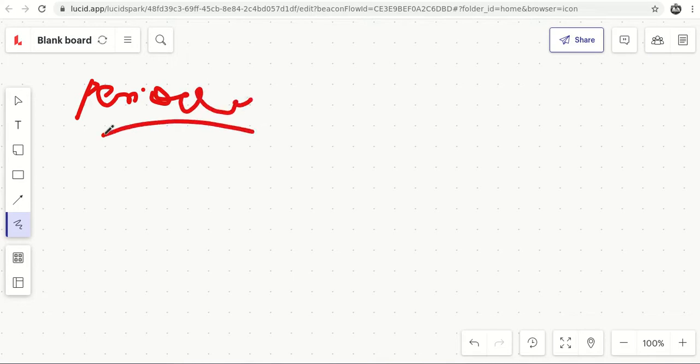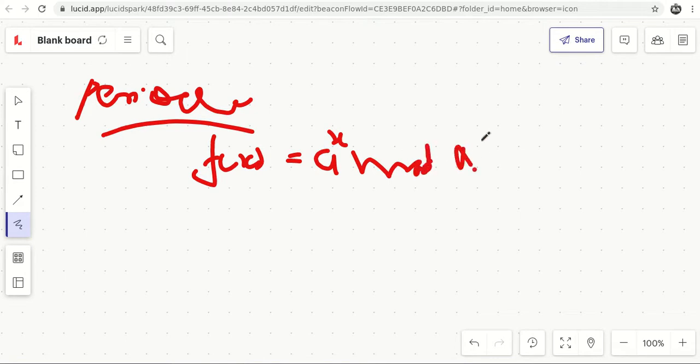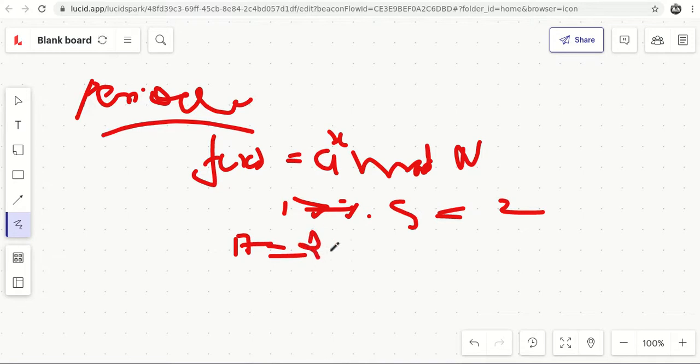So what is a periodic function? I told you that f(x) is denoted as a to the power x mod n. For example, 17 mod 5 equals 2.